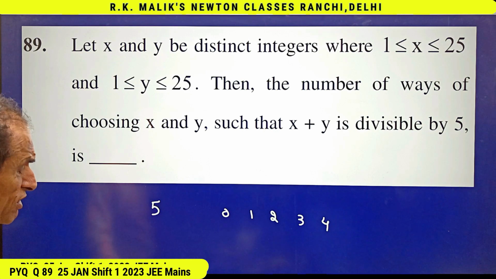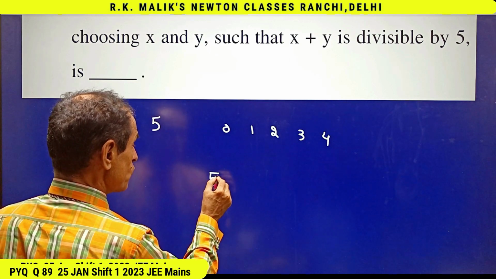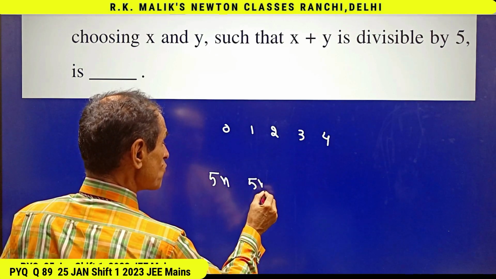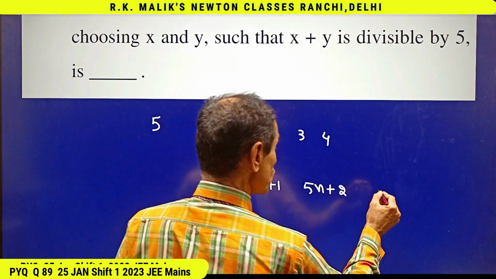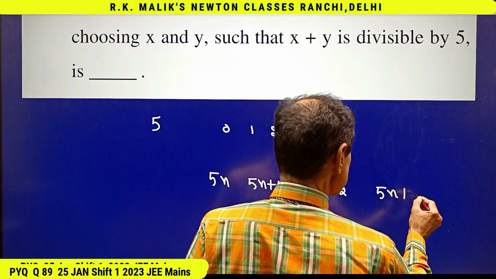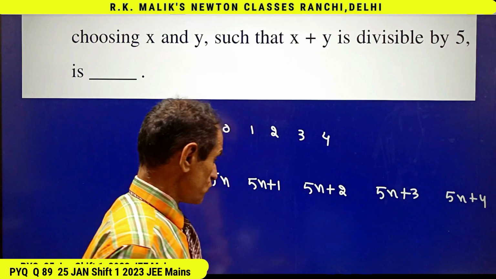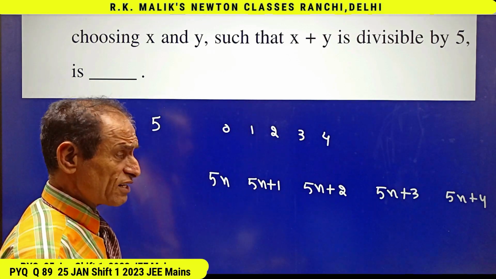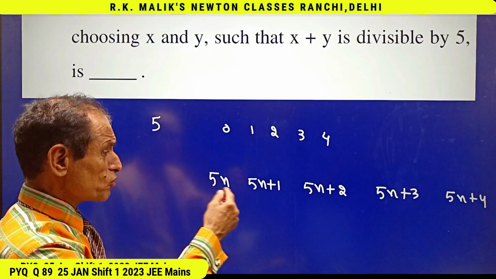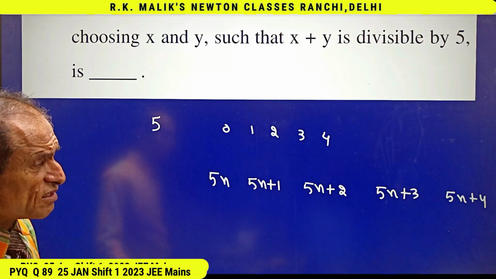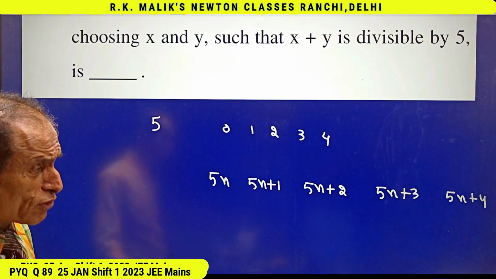That is, in other words, I can say any natural number is in the form of 5n or 5n plus 1 or 5n plus 2 or 5n plus 4. Agreed, it is correct, but when any natural number is supposed in this way, that is a bit difficult than the other way which I am going to tell you.